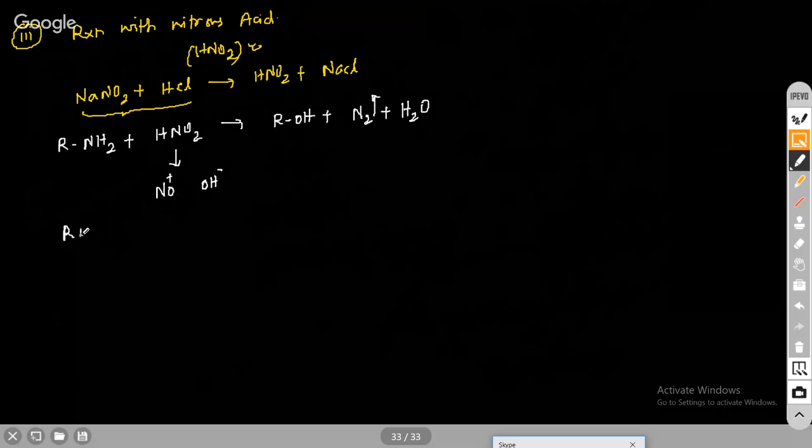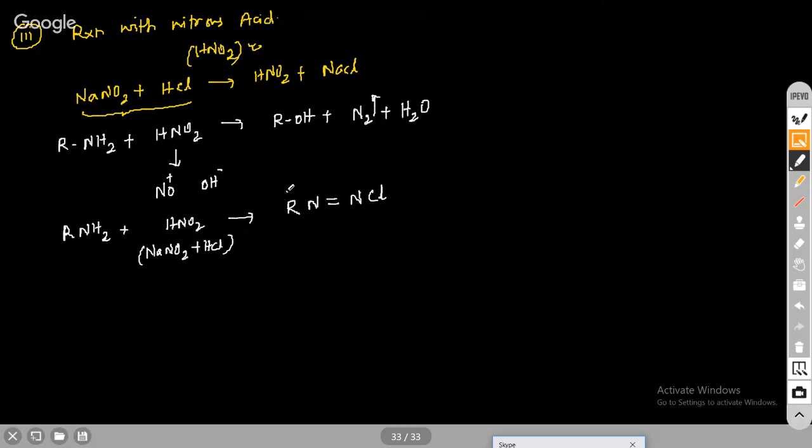Here is one thing which is not important, but I'll tell you. When you have RNH2, how this reaction proceeds, that reacts with HNO2. So with this HNO2, what happens? I'll write here NaNO2 and HCl first. So what happens in this? It forms RN double bond NCl, right?